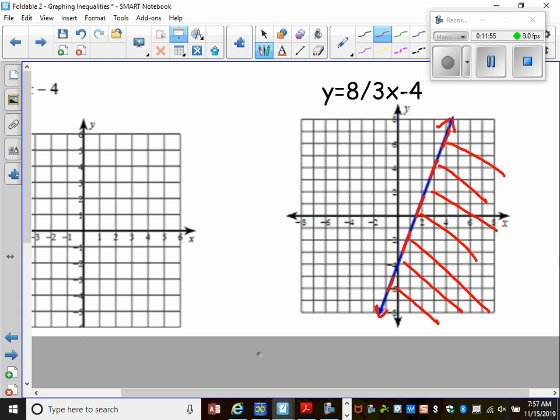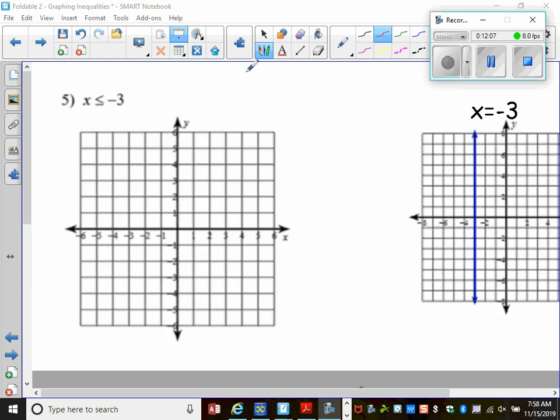So for your homework, just follow your calendar. It's a pretty easy assignment because of the graphing and just adding the shading. Let's do 5. Since this is a vertical line, there is no above and below, there's left and right. To the right would be greater, to the left would be less than. So if this says less than, then you're shading the vertical line to the left.